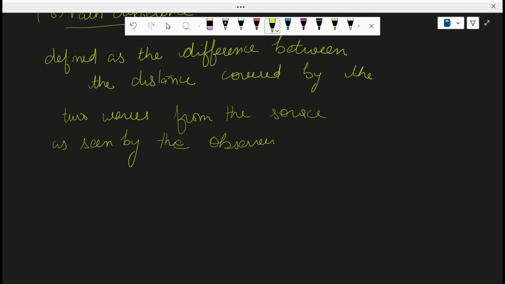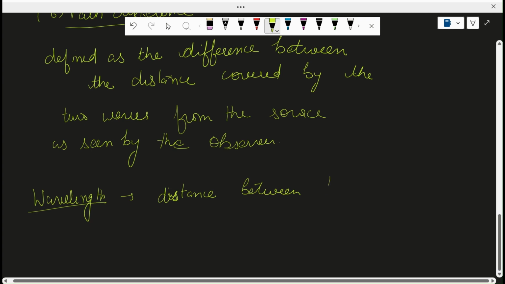So before studying the path difference, we all know what wavelength is. Let me just tell you, wavelength is the distance between two crests or troughs of the wave.